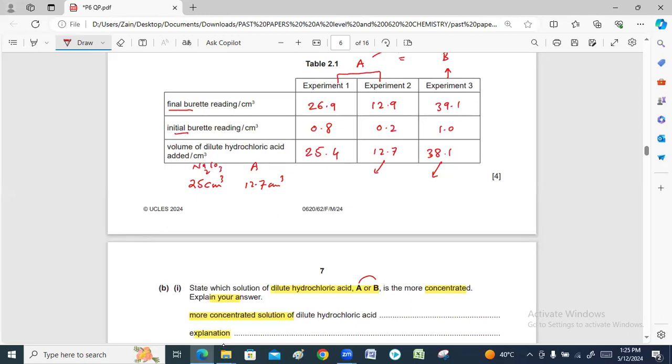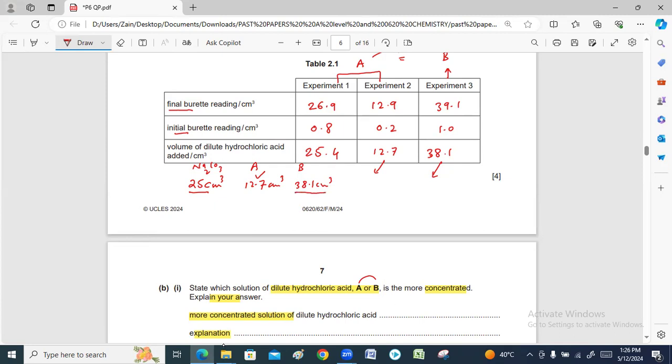But in experiment B, 38.1 centimeter cube is required. So to titrate 25 in experiment A, only 12.7 centimeter cube volume is required, and to titrate 25 centimeter cube of sodium carbonate in experiment B, 38.1 centimeter cube of hydrochloric acid is required.